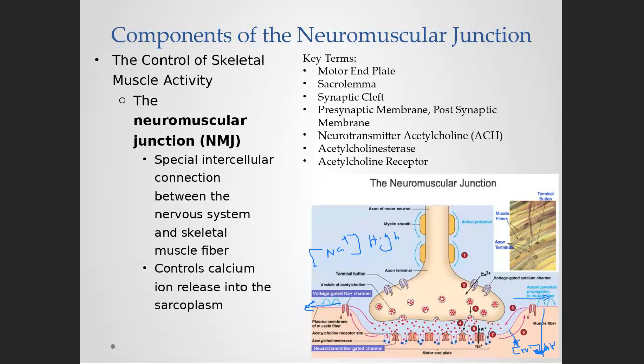So all of the myofibrils and all the sarcoplasmic reticulums are going to get the message that the neuron just told us to contract, and all the calcium is released basically instantaneously across, around, and in the middle of the cell.